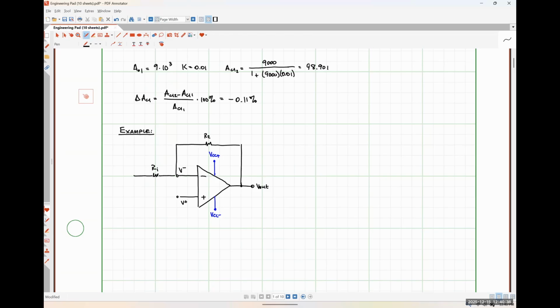Here's R1. For this particular example, I'm going to ground the left-hand leg of that resistor R1, and apply my input signal at the non-inverting input node. And I'm going to drive some load resistance here that I'm going to call RL.